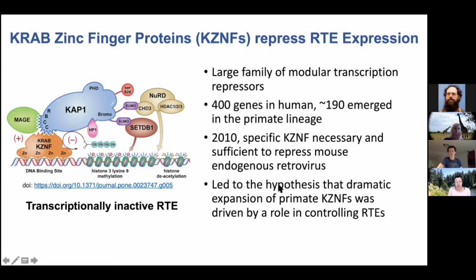This led to the hypothesis that the dramatic expansion of primate KRAB zinc fingers was driven by a role in controlling retrotransposons in primates, in addition to mouse.